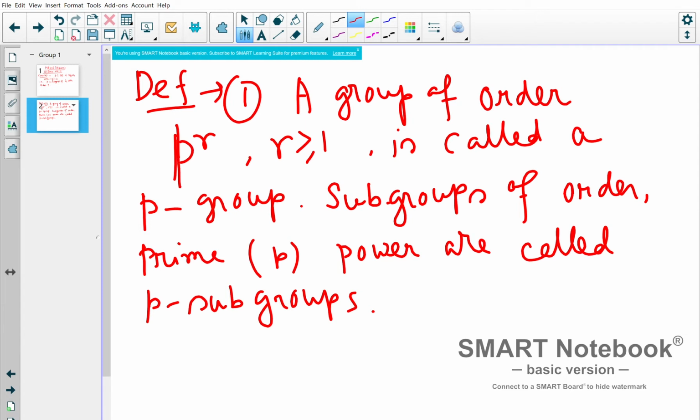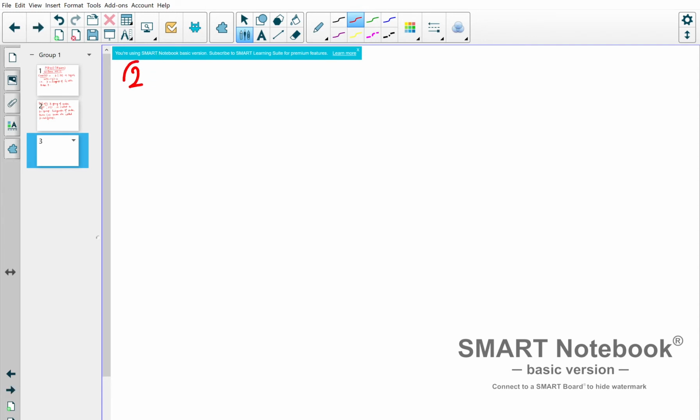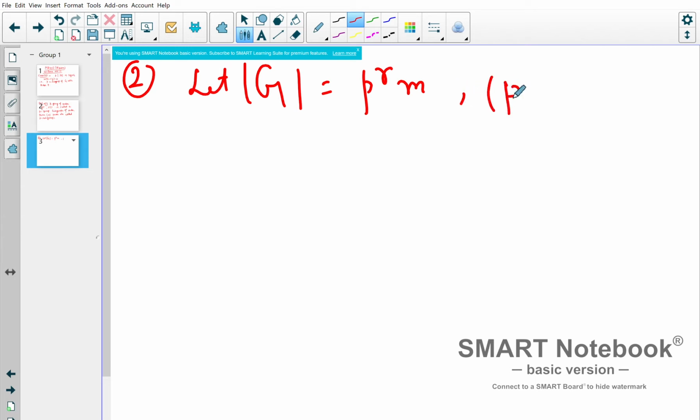Now definition 2. Suppose G has order p power r times m, with GCD of p and m equal to 1. What does that mean?